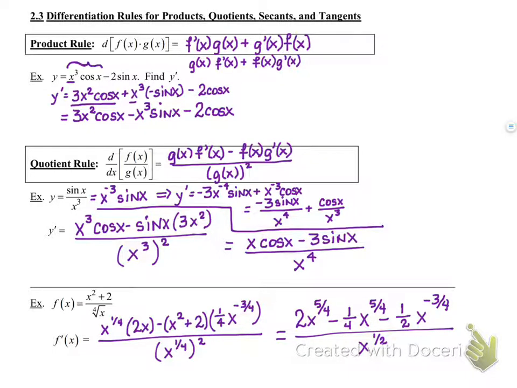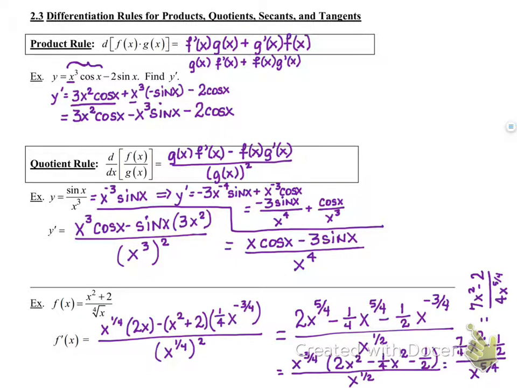I'm going to talk about what happens from here if you have to simplify. If you're feeling super ambitious and you don't have a multiple choice answer, you would go ahead and find your common denominator. You would first move this down to the bottom, which is where I got my 5/4. Then 2 minus 1/4 would give you 7/4. So you subtract those like terms. Once you've done that, you see that you have a least common denominator here of 4.